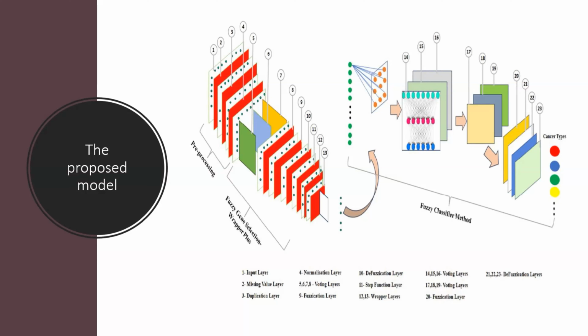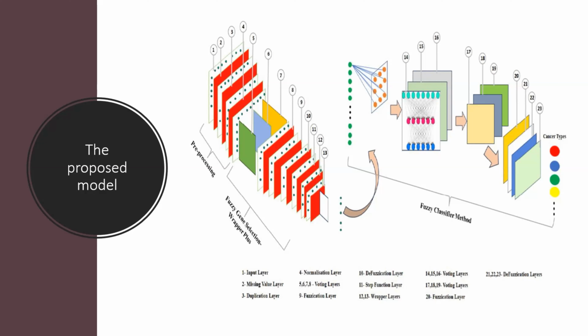So usually we have four types of feature selection techniques, which we call here gene selection techniques. We have filter, wrapper, embedded, and hybrid. We integrate filter and wrapper methods in the fuzzy gene selection wrapper plus method.